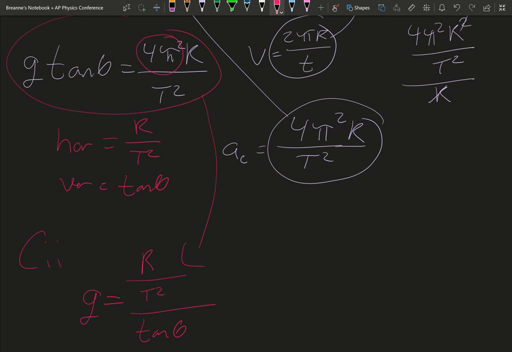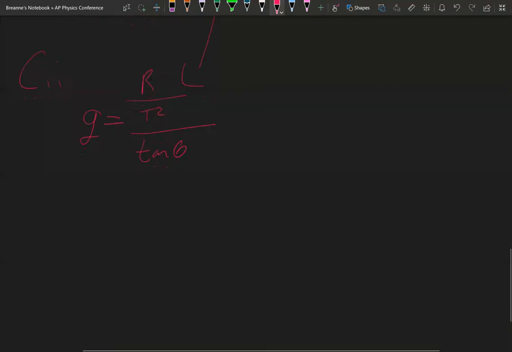So you realize it's your slope. So there you go. That's question 1. So question 2.